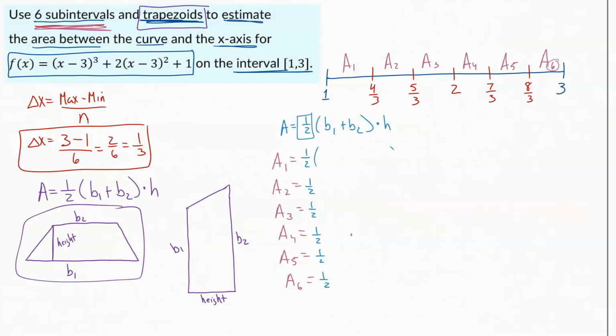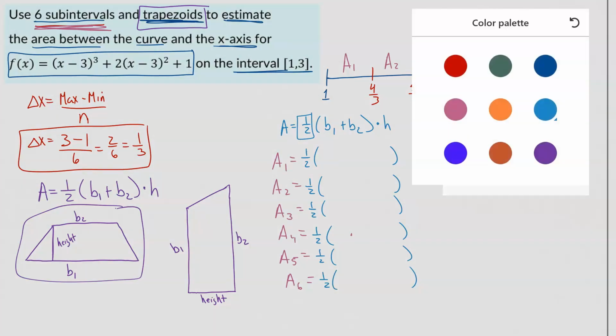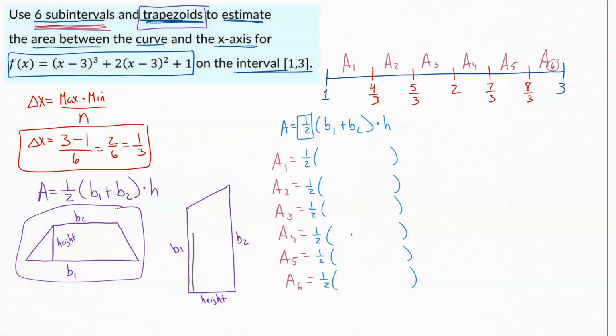And now what we need to do is come through and find our base 1 and our base 2 for each of these different areas here. The bases, because these things are going up and down in this situation, are actually going to be the y values from the two endpoints of our interval.